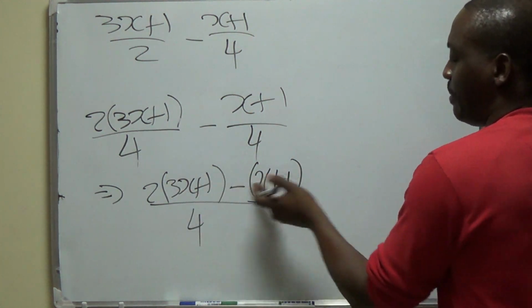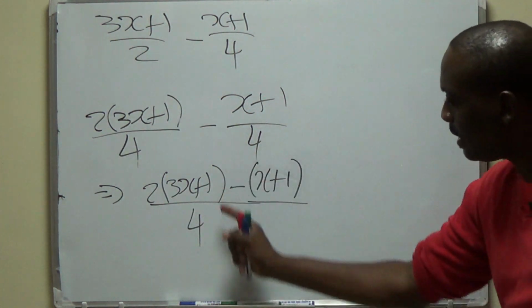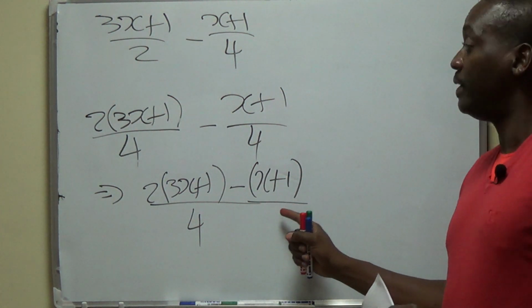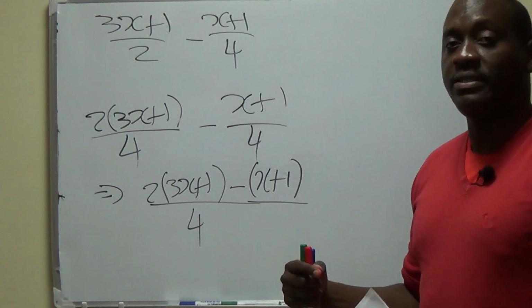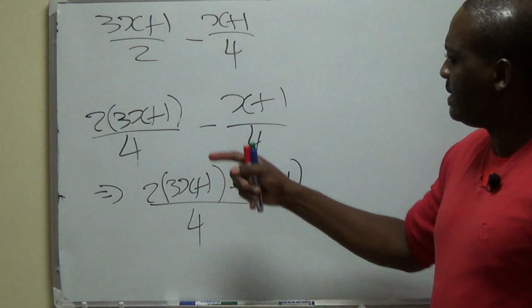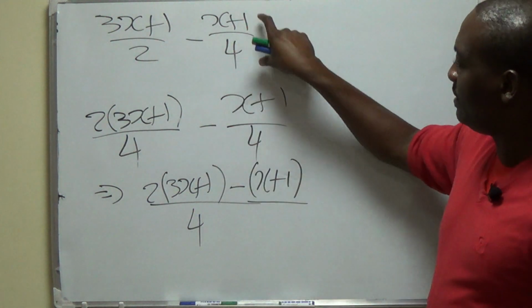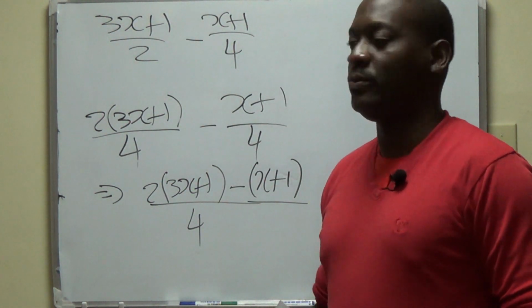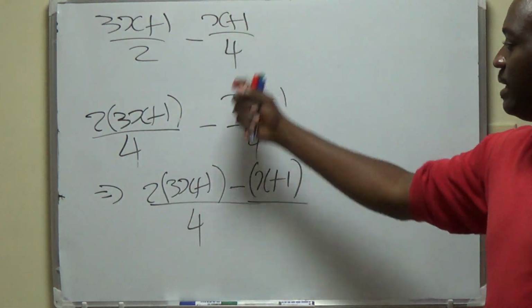Very important step here. This right here is where most people would make mistakes with this question. Right? So you have two levels of this question, two hurdles to surmount. The first hurdle is getting the common denominator, moving from this line to this line. Some people would fall at that stage. They wouldn't be able to make that move.